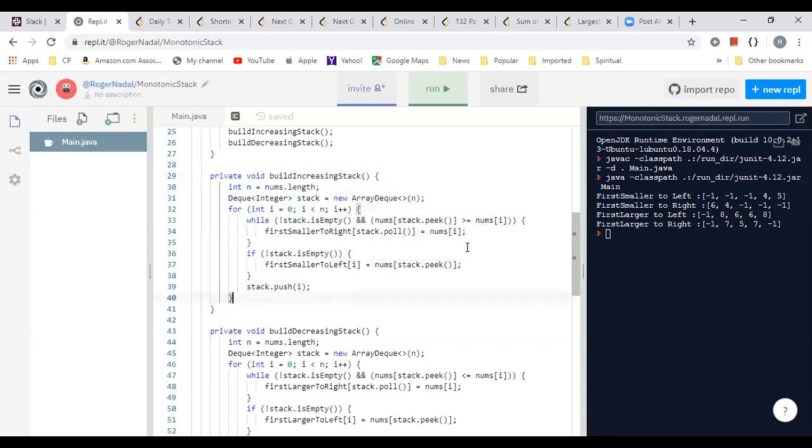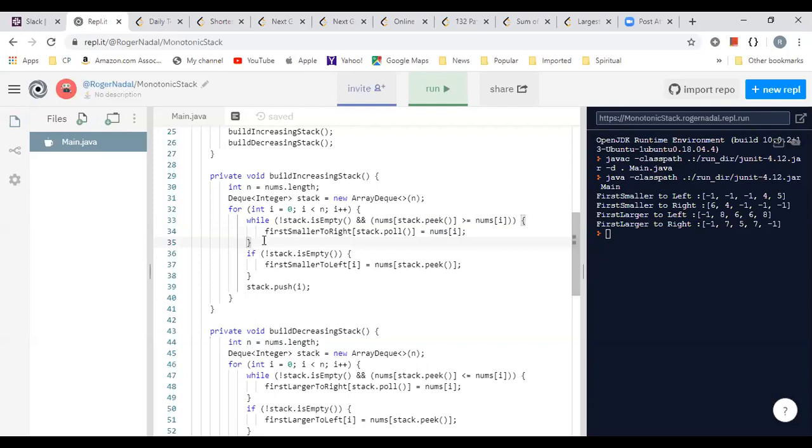Whenever a new guy comes, we check his position, do we need to kick out anyone? If we need to kick out anyone, then those guys who are kicked out can note that the person who just came in, because of whom I got kicked out, is the first smaller towards my right. So that's this line, exactly the same thing we are doing.